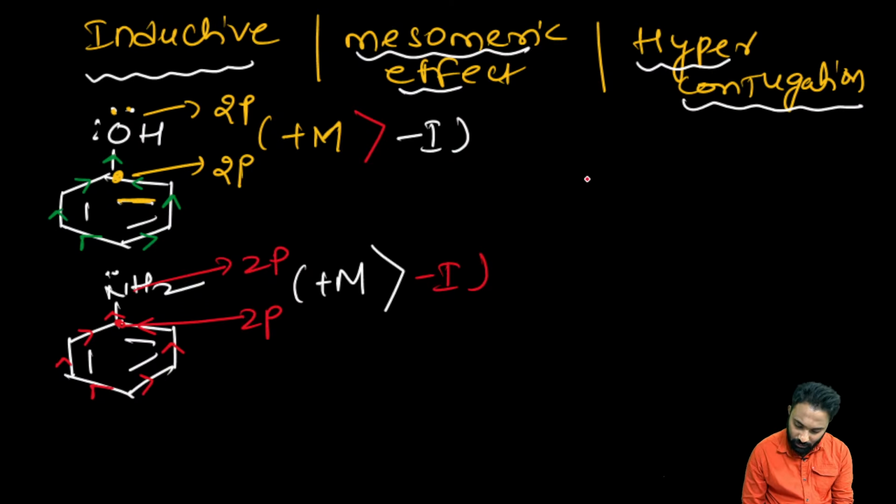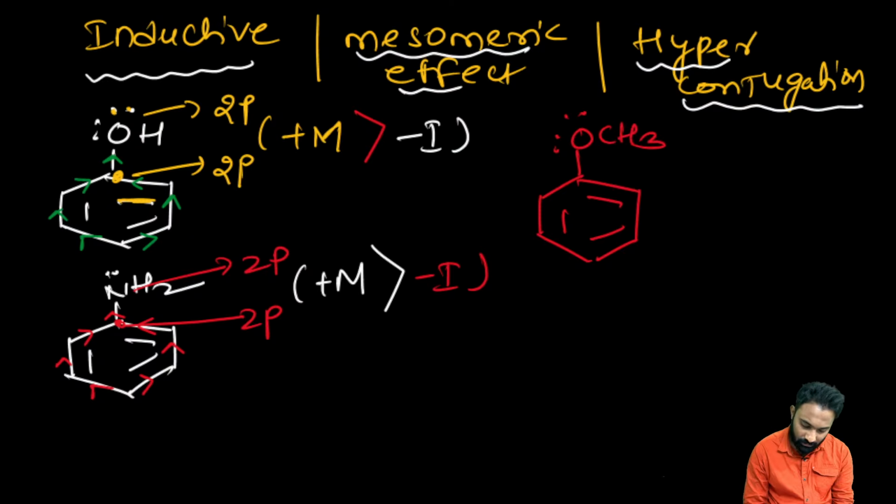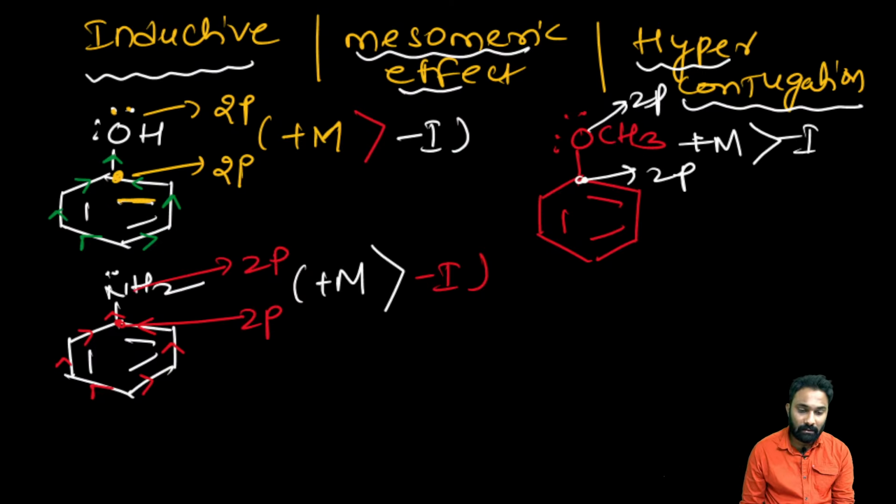Next, when it comes to anisole, this is anisole. This is a CH3. Now here there is plus M effect and minus I effect. Plus M effect is more dominating because this is 2p and this is 2p. Done? Clear?